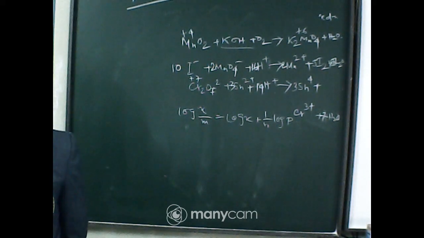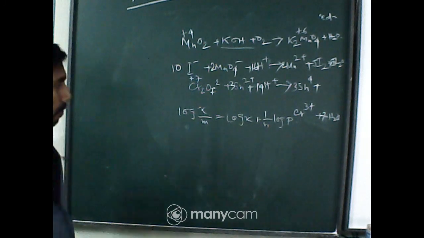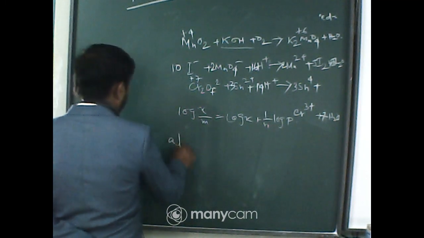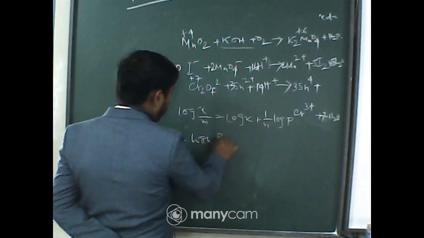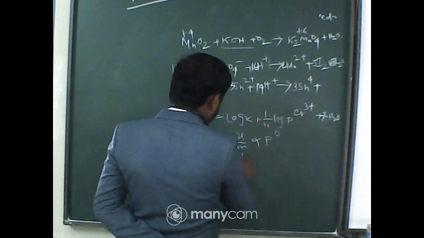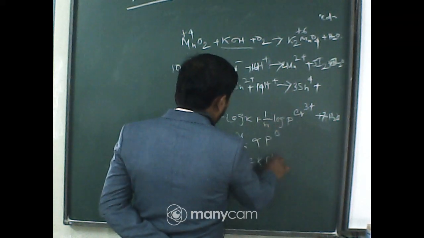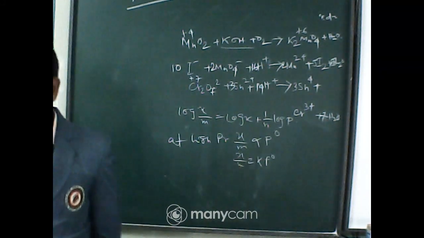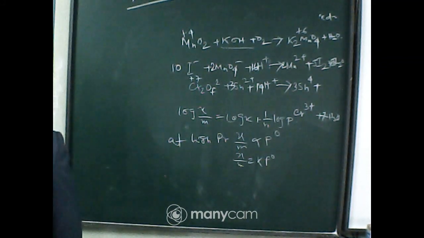At high pressure, x by m is proportional to P0, so x by m equals k times P0. So the question was independent of pressure at high pressure.